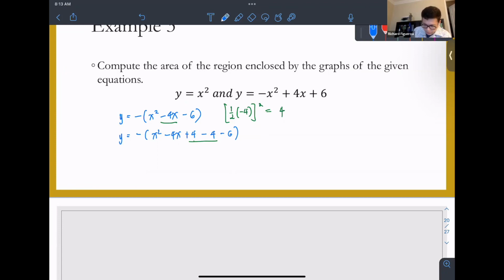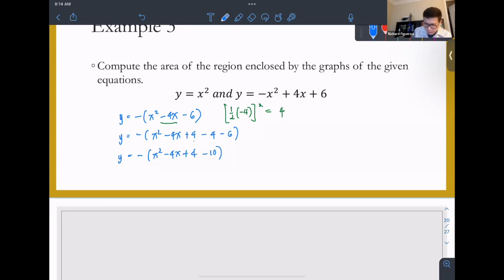So that one will become... I'm going to factor out the x squared minus 4x plus 4. But before doing that, this would make it negative. So x squared minus 4x plus 4. And then negative 4 and negative 6, that would make it a negative 10.